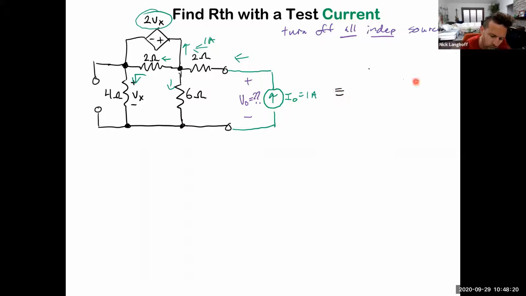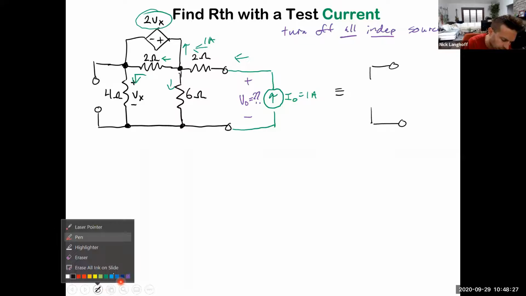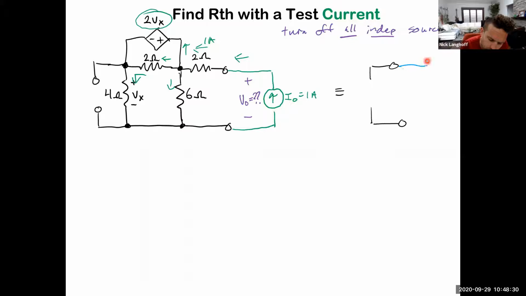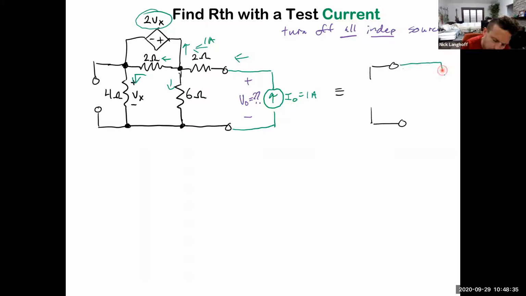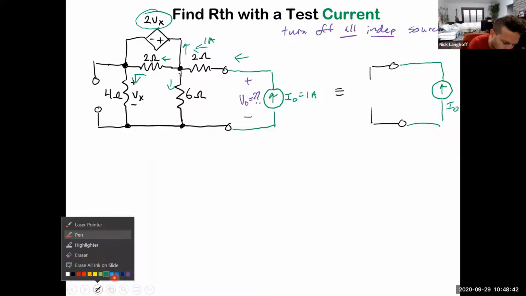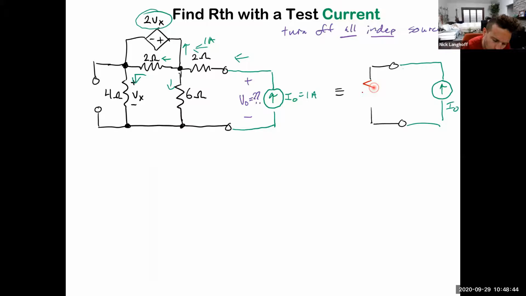So the equivalent subcircuit over here, this time we're going to draw a little bit differently because now we're applying a test current. When we apply the test current I naught, ultimately this is going through some equivalent circuit that represents R Thevenin. And what we want to find is the voltage that develops across that whole thing, V naught.